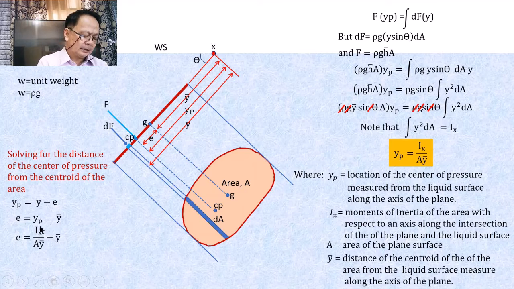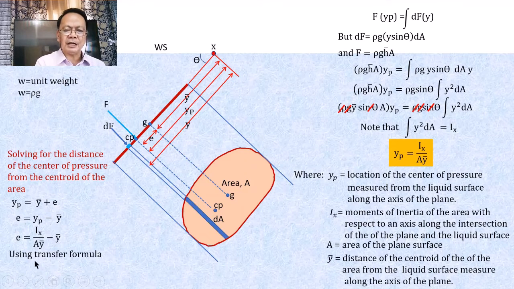But take note that I sub x is the moment of inertia of this area referred from this axis. Now, if this moment of inertia shall be taken from its centroid, we apply the transfer formula. Do you still remember the transfer formula for moments of inertia?